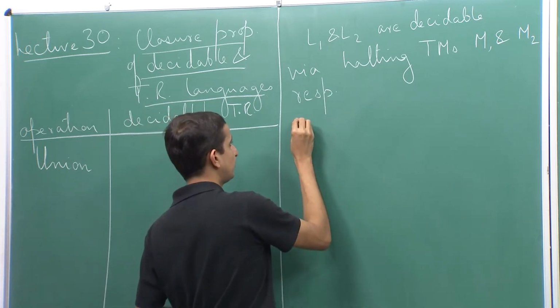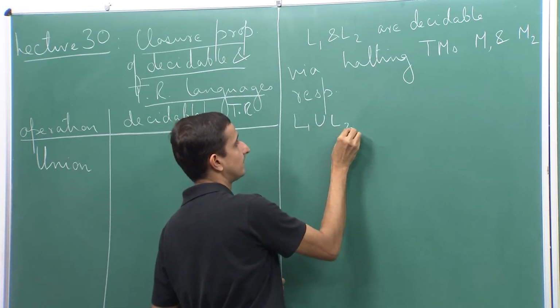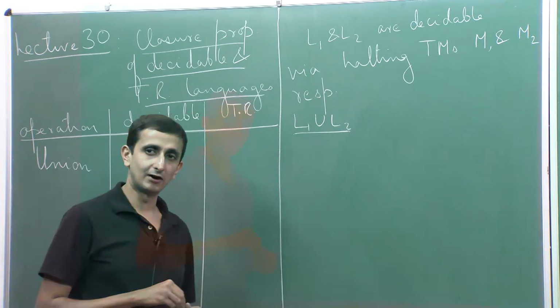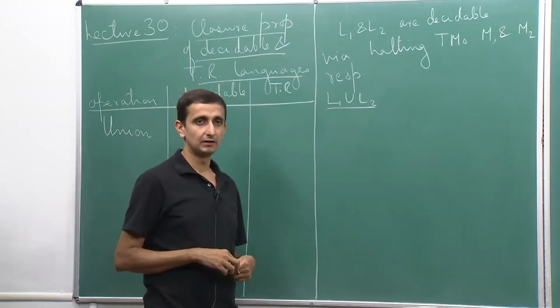What can we say about L1 union L2? Is L1 union L2 also decidable?